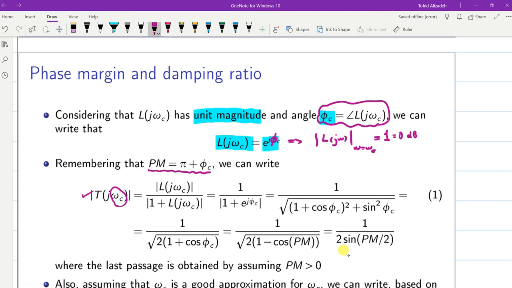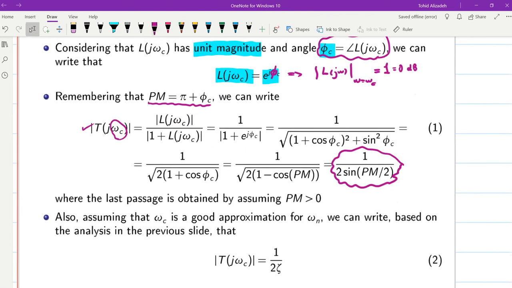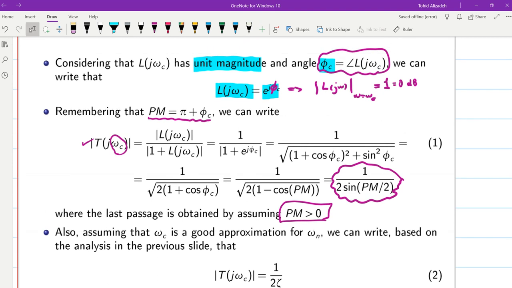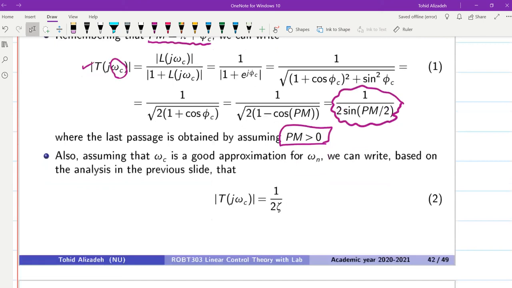And out of that, after doing these calculations, we can end up with 1 over 2 times sine of PM, or phase margin, over 2. And we have assumed that phase margin is bigger than 0, or our system is stable, okay? We are talking about the stable system.